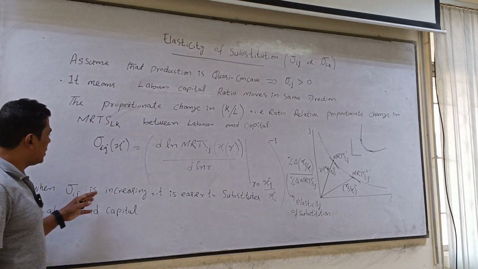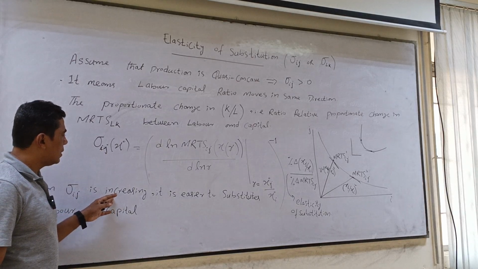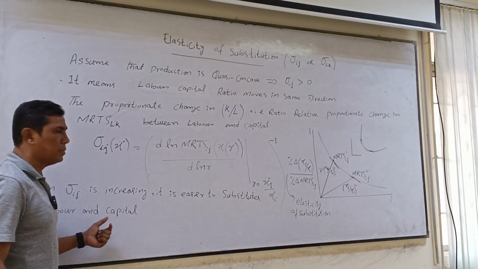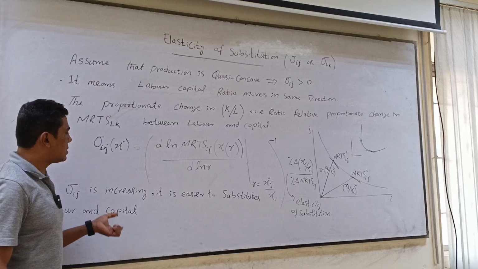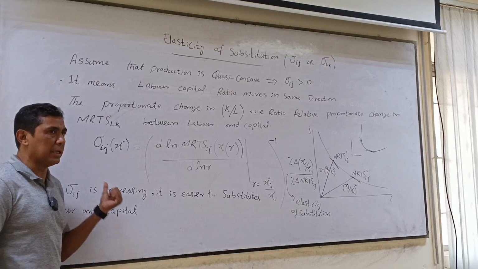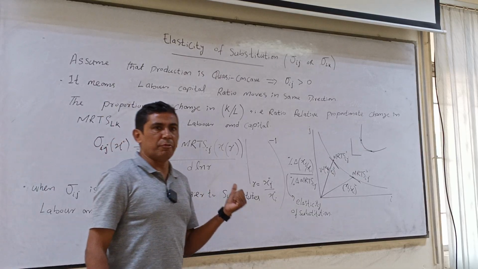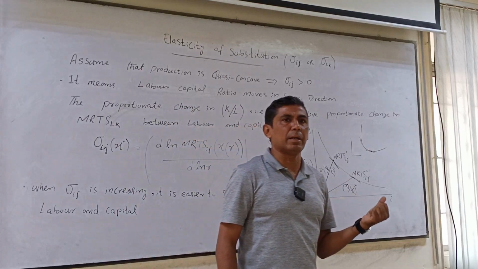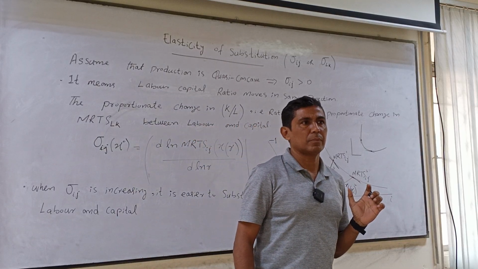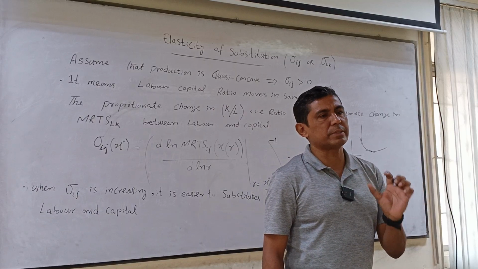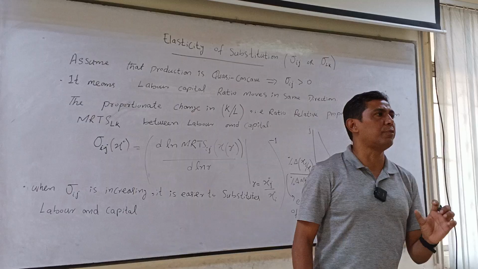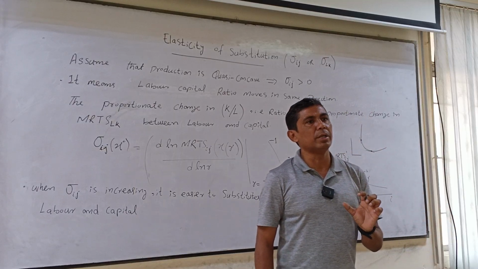When sigma ij is increasing, it is easier to substitute labor and capital. Clear? When sigma ij is decreasing, it is difficult to substitute labor and capital. The lower the elasticity of substitution becomes, the more difficult it is to substitute labor with capital.